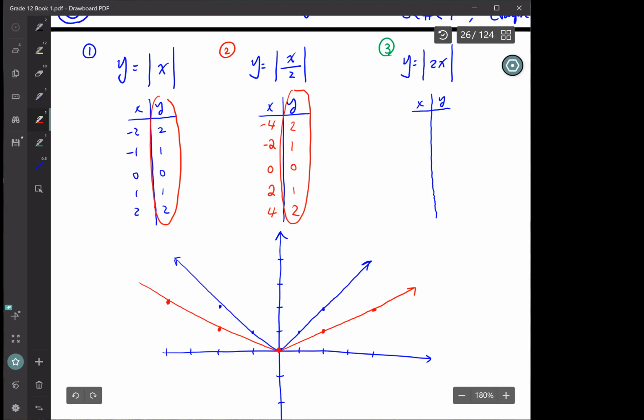So what actually happened is the point that used to be at 1, 1 got stretched horizontally, pulled to the right side. And at 2, 2, it will also be pulled to the right side. This way of changing, we call horizontal expansion, it gets wider.